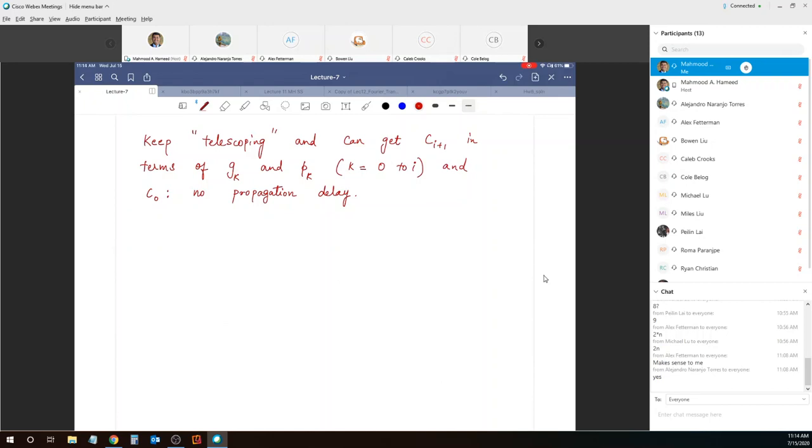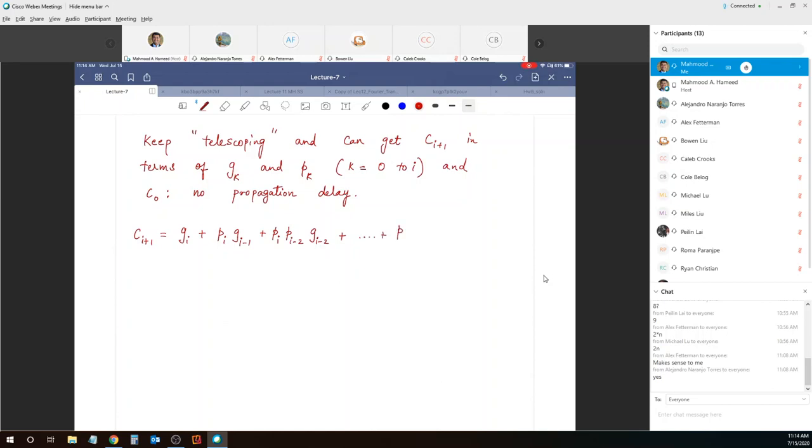So let me write down the final form here. If you keep doing this telescoping, keep expanding, you will get an expression like this. C sub i plus 1 equals G sub i, or P sub i G sub i minus 1, or P sub i minus 2 G sub i minus 2, or it keeps going.